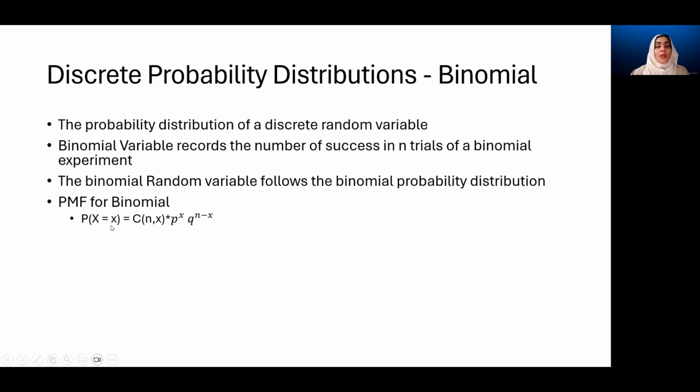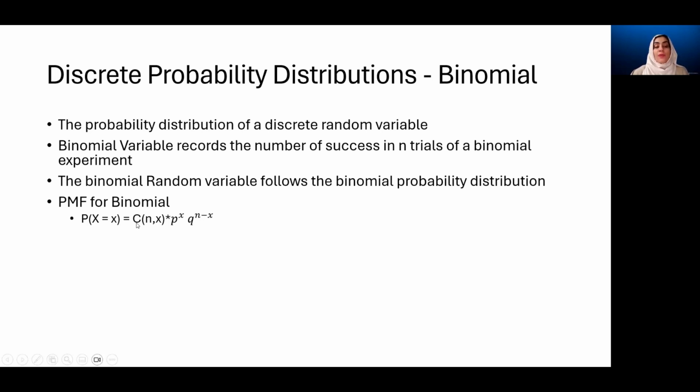And we are trying to find out the probability for a given number of successful trials. So if we want to know what is the probability that 30 out of 50 students will be girls, we are going to substitute the value 30 here. And then this function is going to give us the probability of 30 successful trials, which means 30 students out of 50 being girls. How we calculate it is like this.